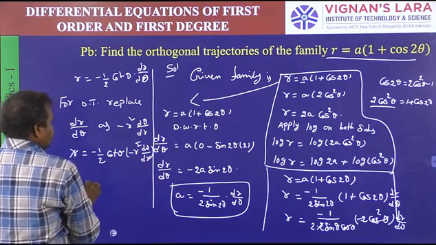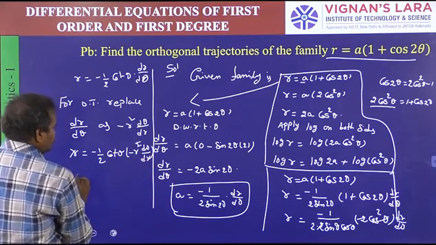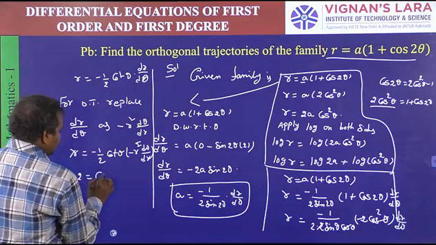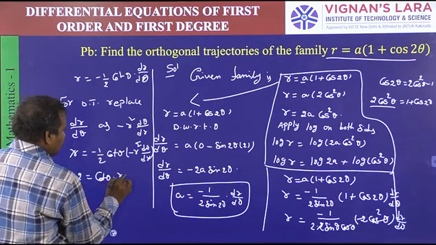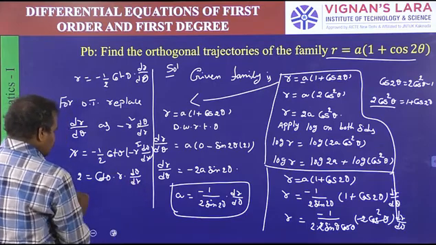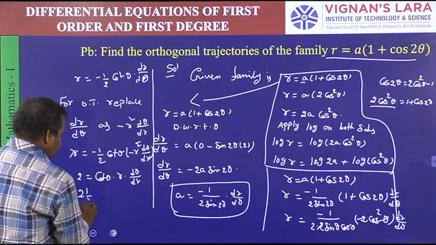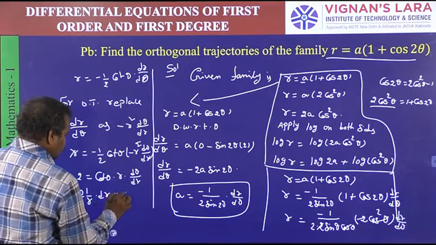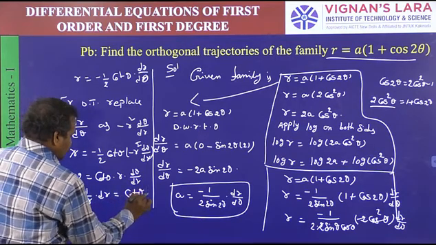An r is getting cancelled, minus into minus is plus, and 2 comes to this side: 2 is equal to cot theta into r into d theta by dr. So bring this r to the left hand side: 2 by r dr is equal to cot theta d theta.